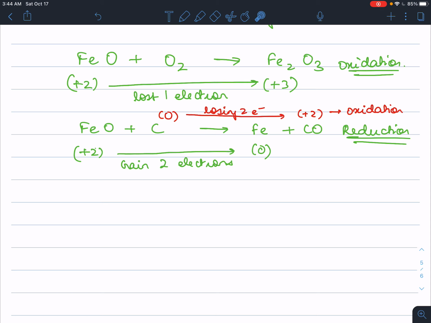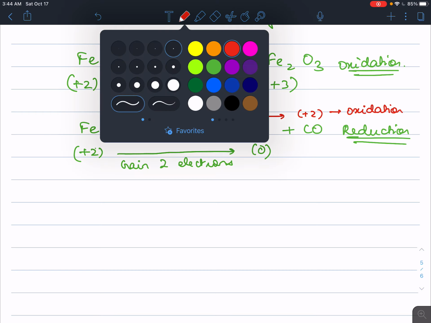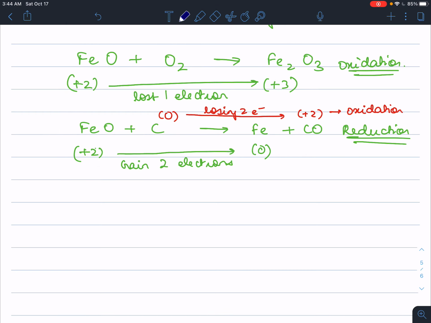So in the same reaction, you have iron undergoing reduction and carbon undergoing oxidation. So in one reaction, both oxidation and reduction happen.